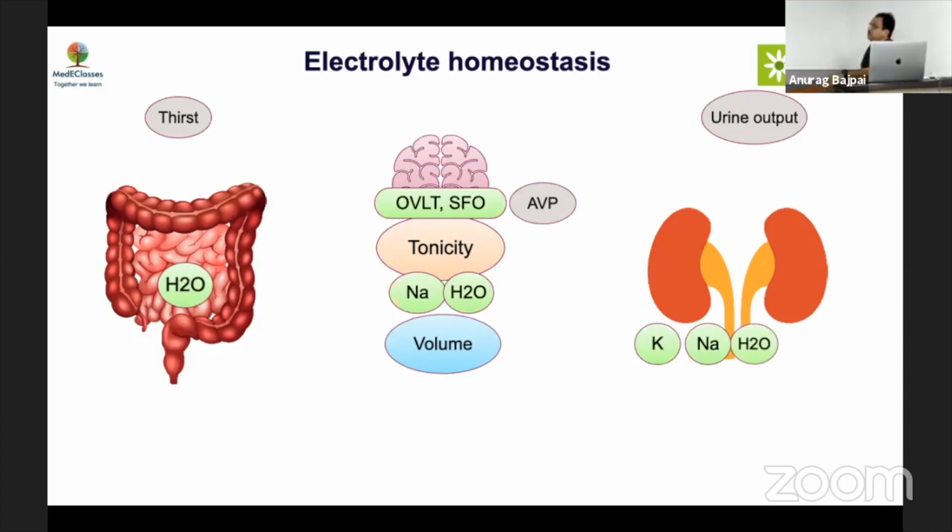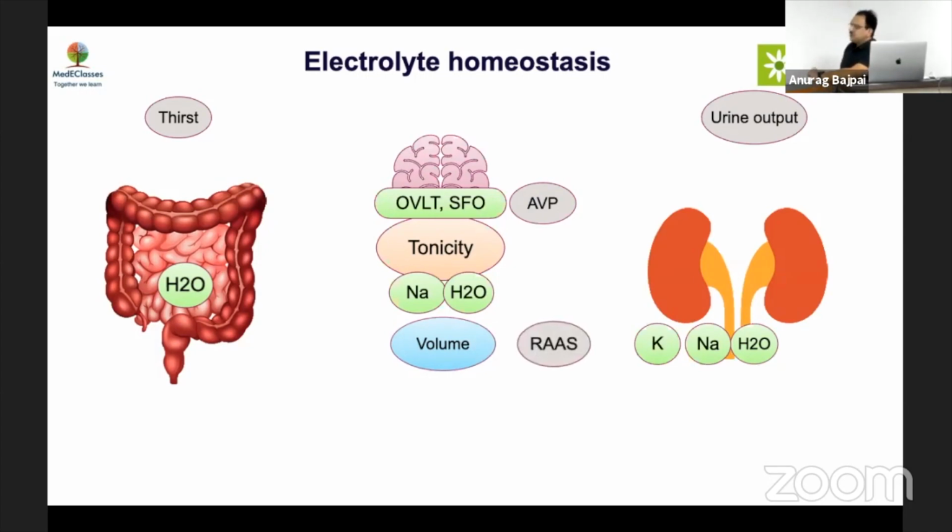Which is the major regulator of the volume? And volume depends upon sodium. So it's a very interesting thing. The osmolality depends upon water and volume depends upon sodium. So osmolality is controlled by AVP, which is actually working on water, and the RAS system controls the sodium, which controls the volume.